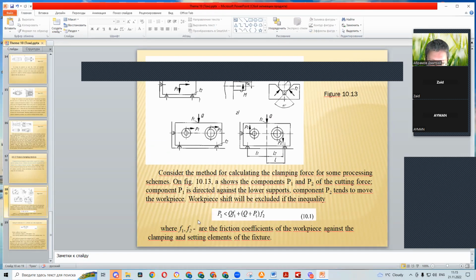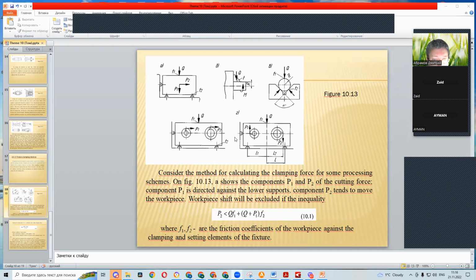In this formula, f1 and f2 are the friction coefficients of the workpiece against the clamping and setting elements of the fixture. So please write down to your notes the formula 10.1 and the figure 10.13a.